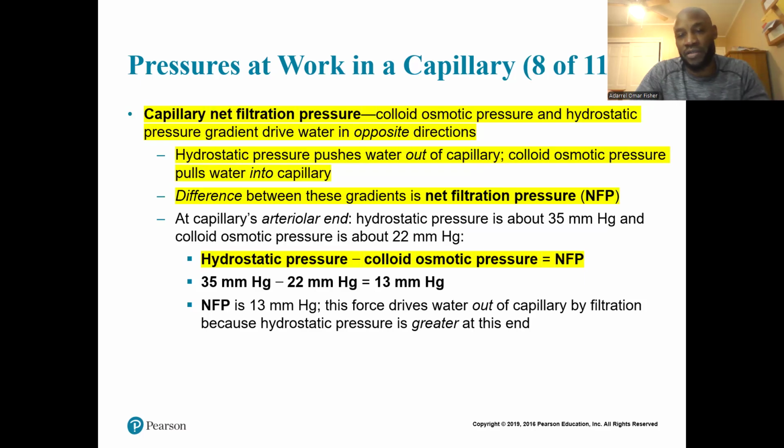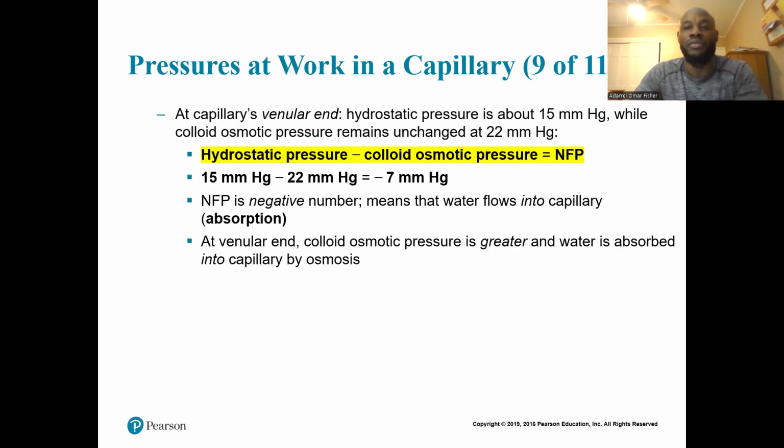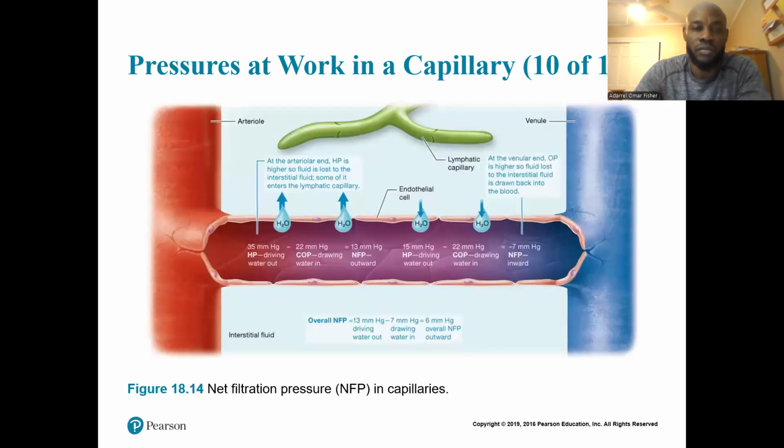The difference, net filtration pressure: just subtract the two, and you get the net filtration pressure, and you can see if the water is moving out at the arteriolar end, or moving in near the venule end. Okay. And that's showing you how that happens. So water moves out and is drawn back in.